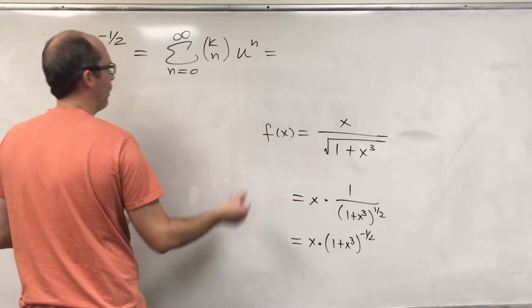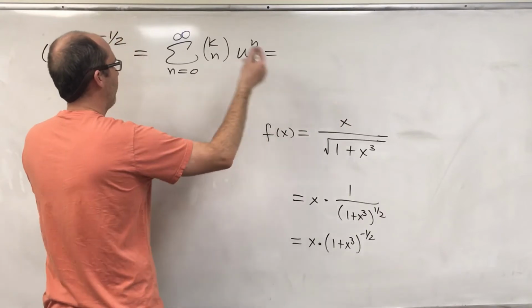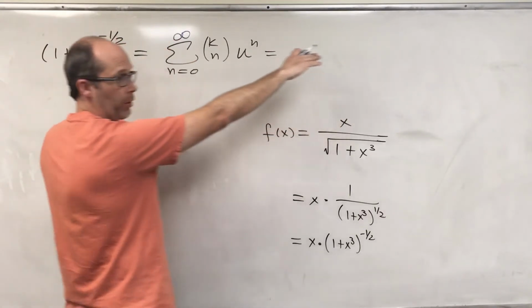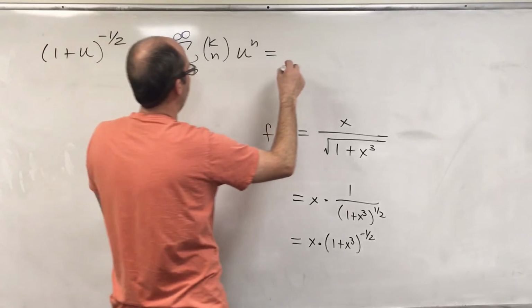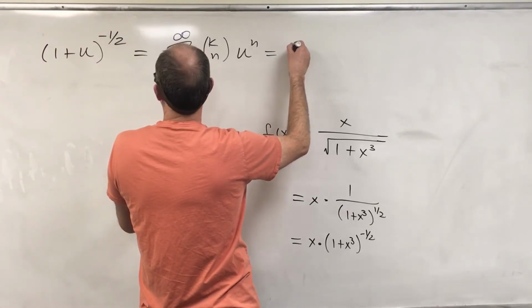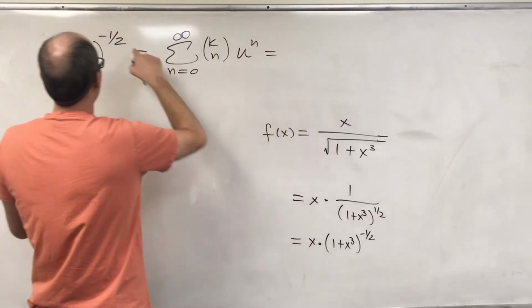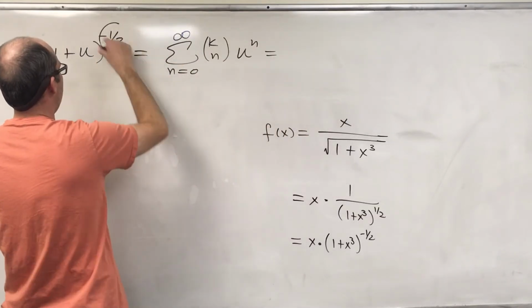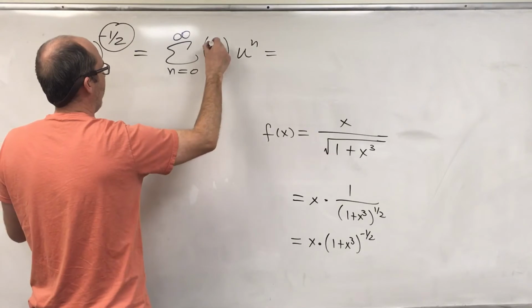So the third degree Taylor polynomial for this is we're going to go out to degree 3. Now the k, this is my k, so I'm going to put in this negative 1/2.